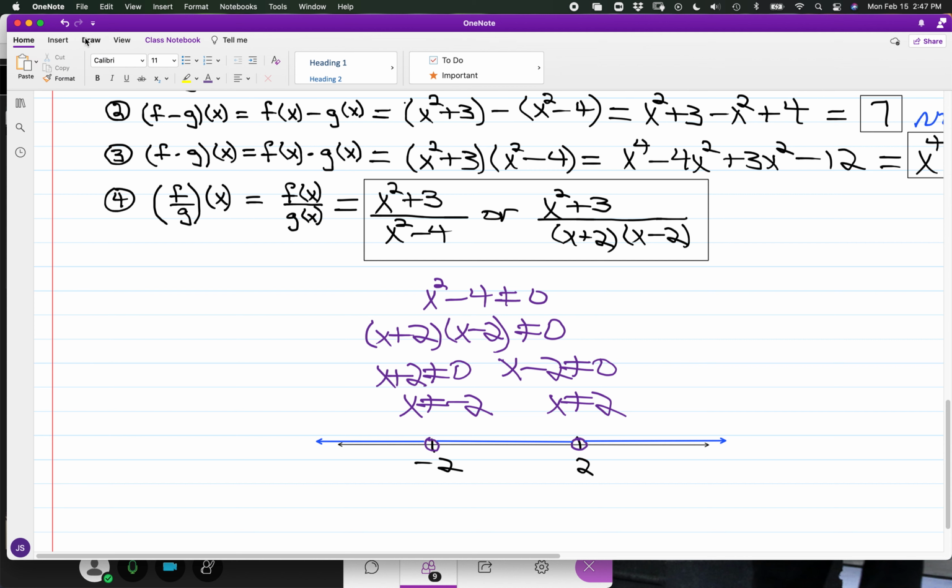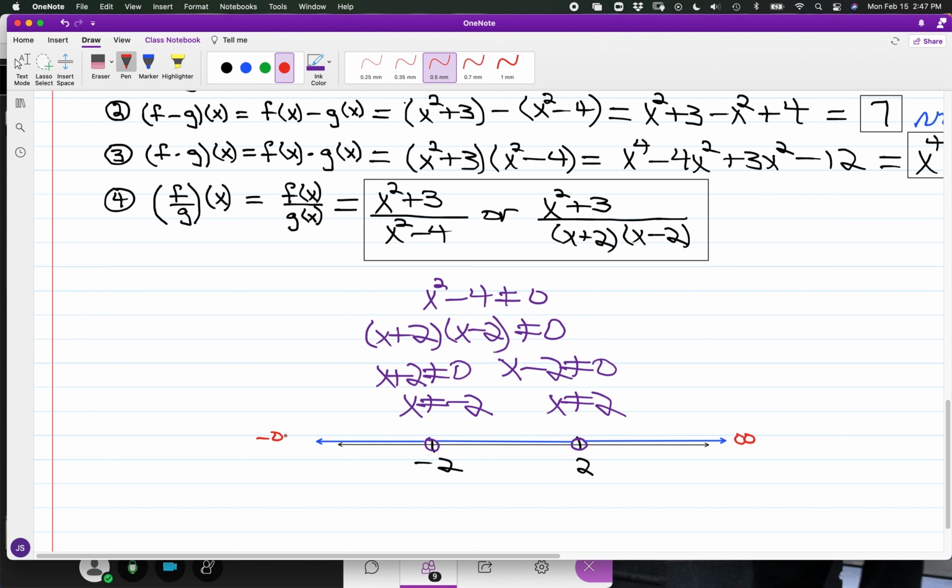So for the domain of the quotient function, we have those values of x less than negative 2.